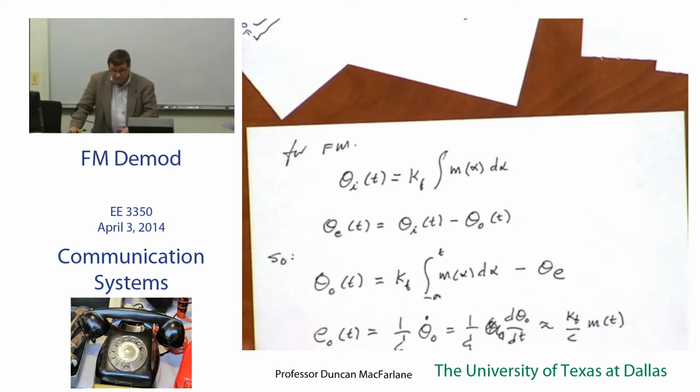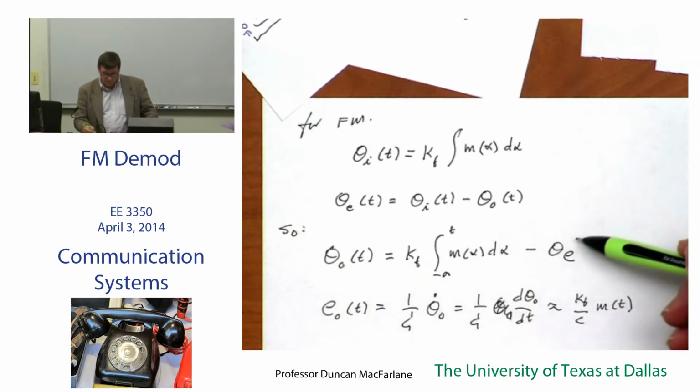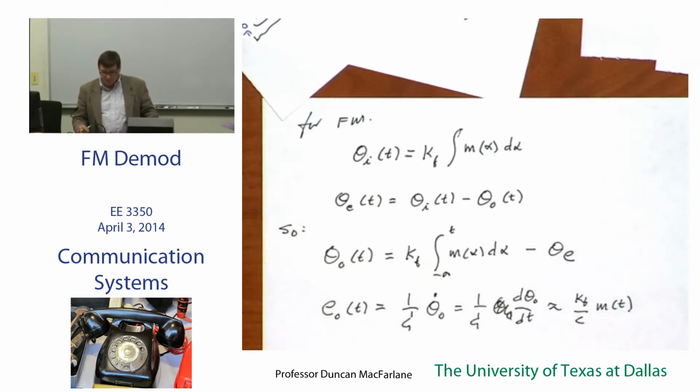So if I now substitute in, when I have a perfect lock, I can find out that my voltage that I feed onto my voltage control oscillator is equal to the time derivative of that phase function, which is proportional to my message signal. Okay?